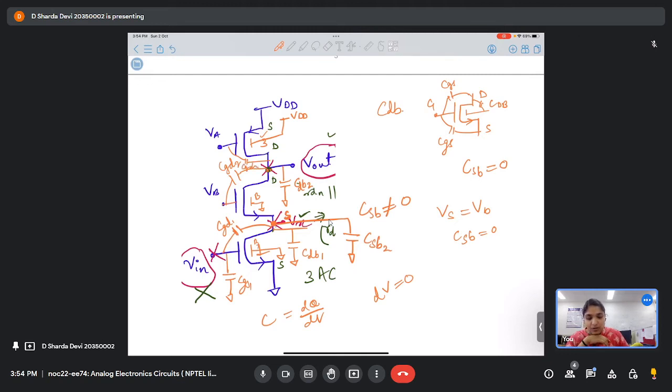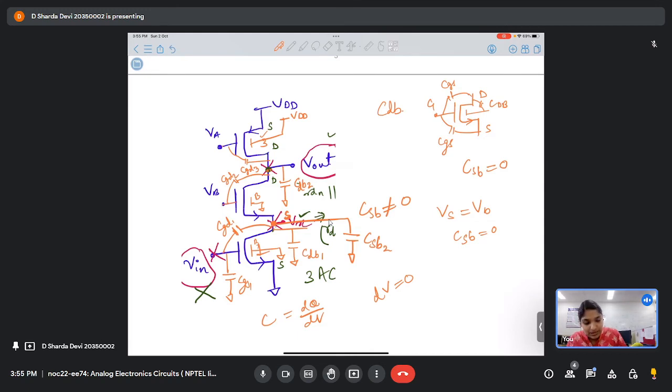What about CGS? For transistor 3, which is a PMOS, will we have a CGS3 there? No, because both are DC nodes, right?